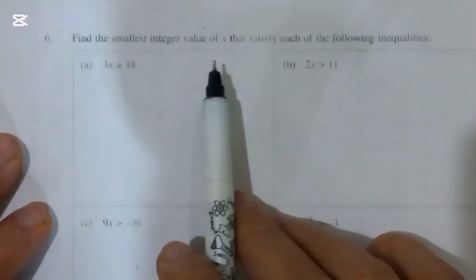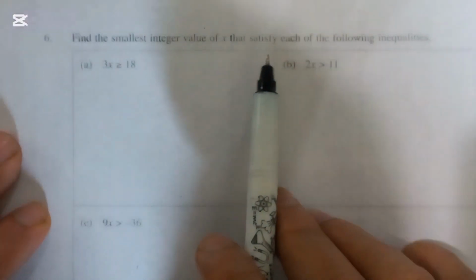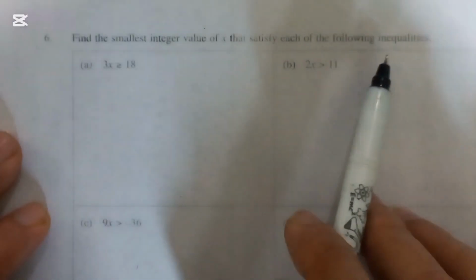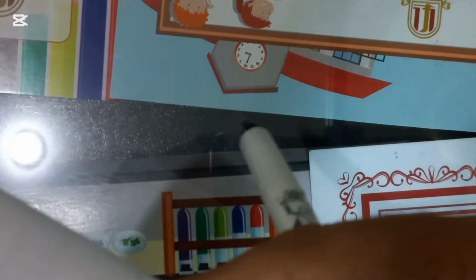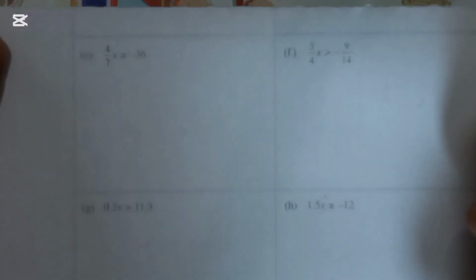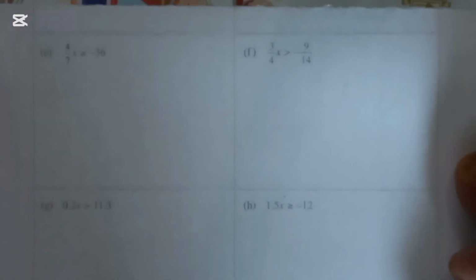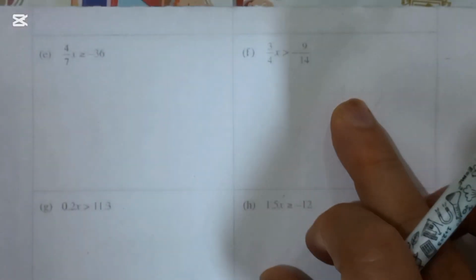The statement of the next question is: find the smallest integer value of x that satisfies each of the following inequalities. So now we will solve a question involving fractions. For example, we are going to solve this question.